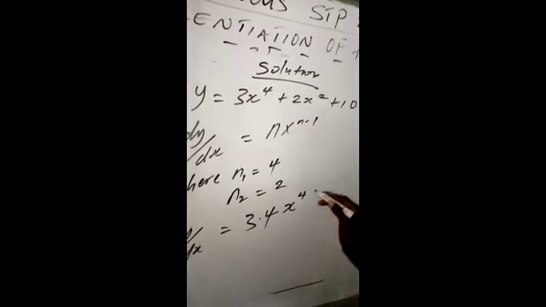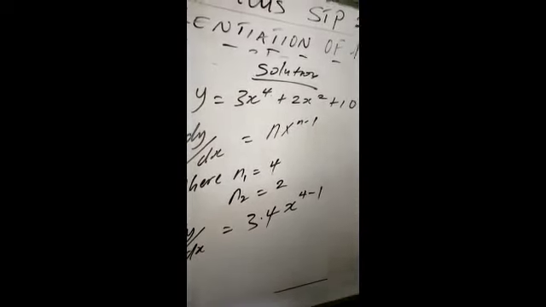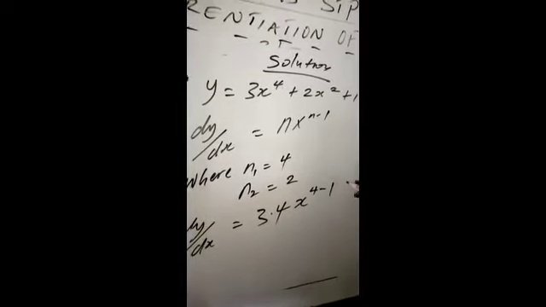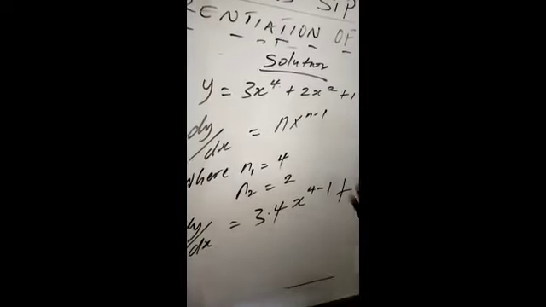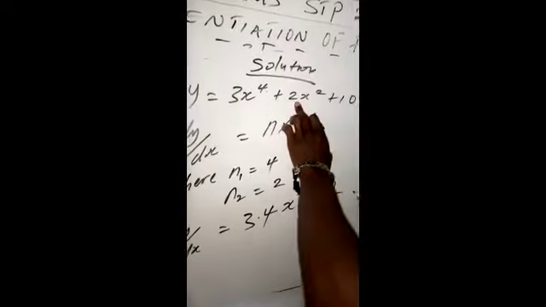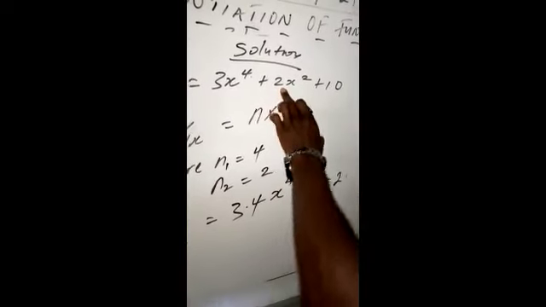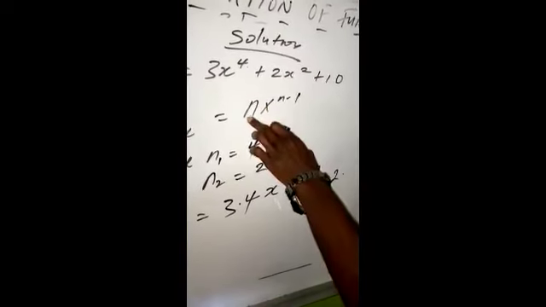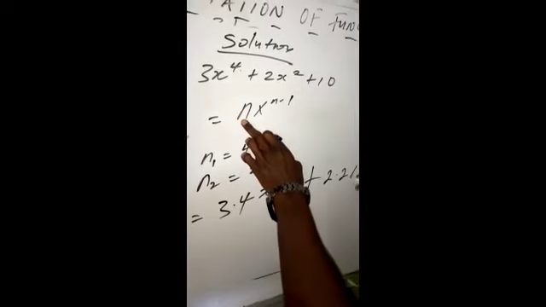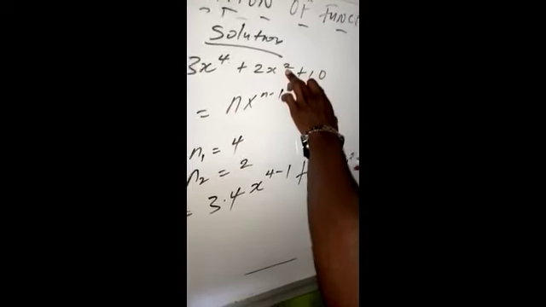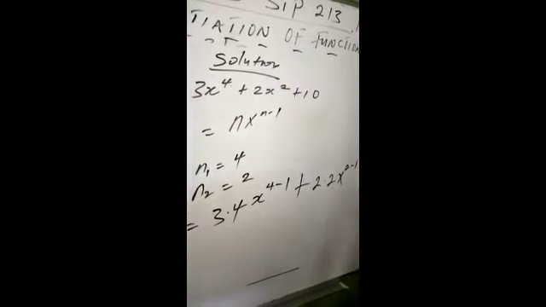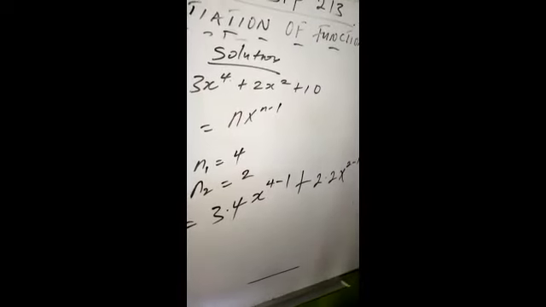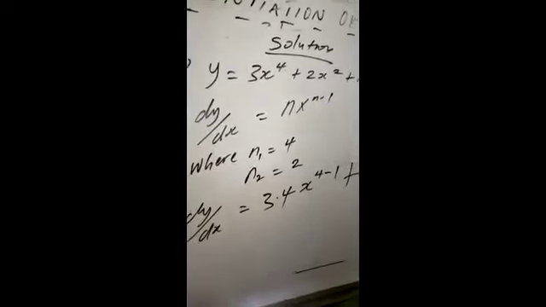So we are using this formula. Next, I say plus 2 dot 1. My n is this, so I have 2 into s, with 2 minus 1. Then differentiation of any constant number is 0, because 10 is a constant number.